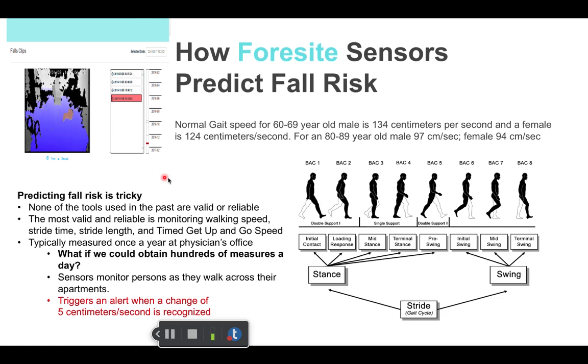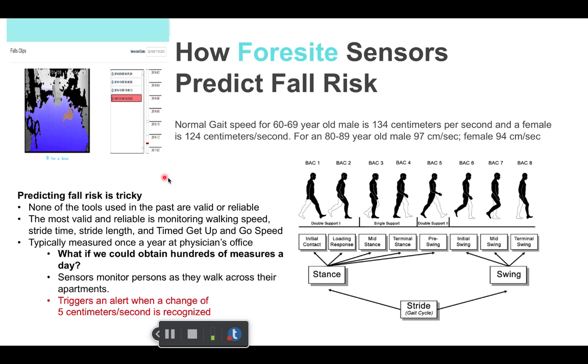So a lot of the tools that we used in the past aren't very valid and reliable. What that means is that one person might rate walking speed at 134 centimeters per second, and another person might rate it at 145 centimeters per second. They're not consistent.